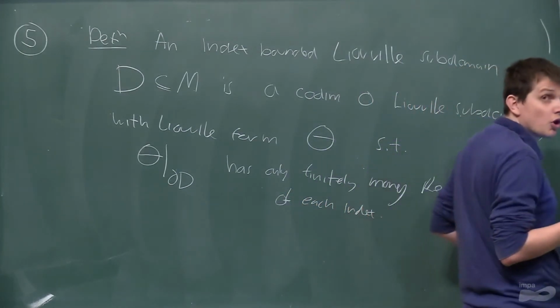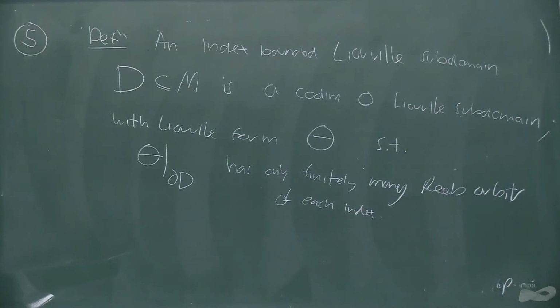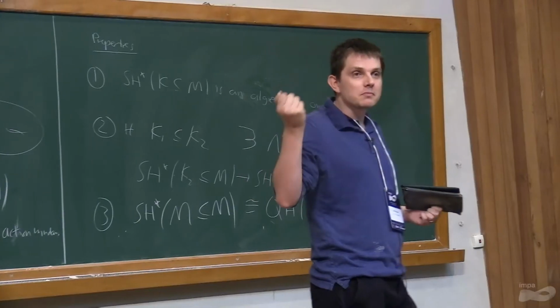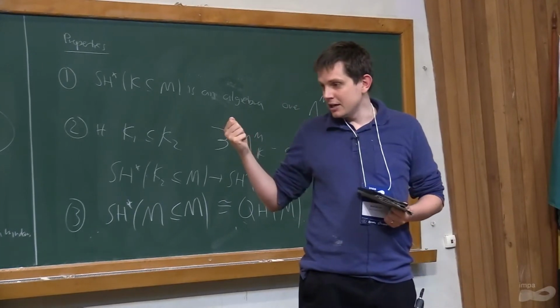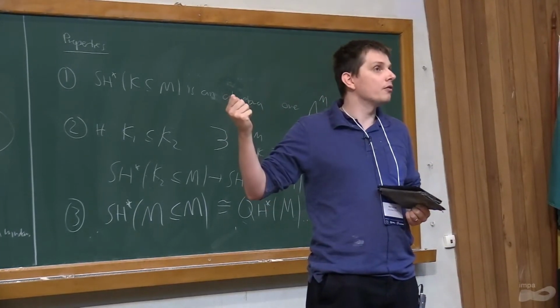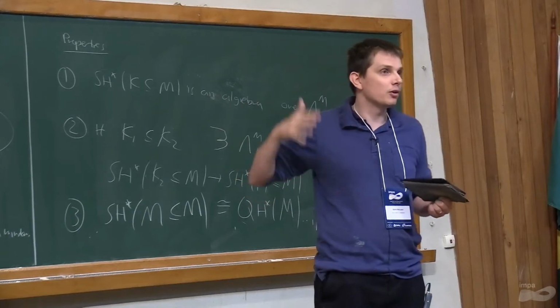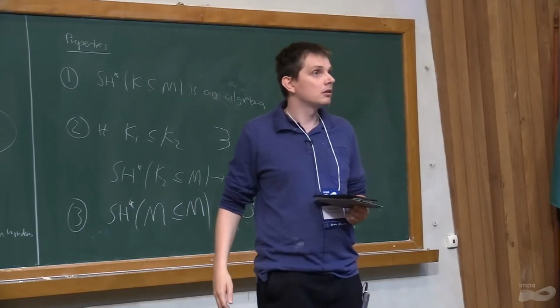So this is a very strong property. The index is measured with respect to a choice of trivialization of the canonical bundle of the Calabi-Yau manifold or the symplectic manifold.